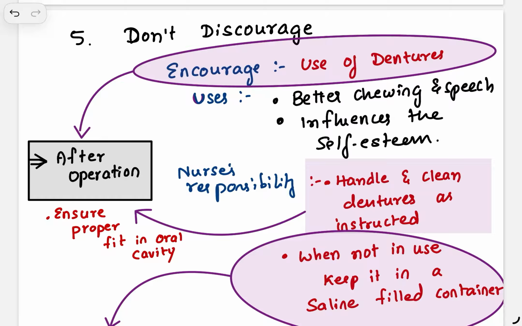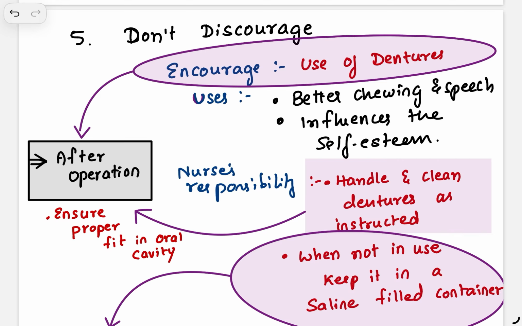And what to encourage? Use the dentures after the procedure. If they are going to talk and you are not understanding, at that time don't say it in a negative way, say it in a positive way, that they should use the dentures. Clear? So what is the use of the dentures then? They are used for better chewing and better speech. Clear? And it influences the self-esteem.